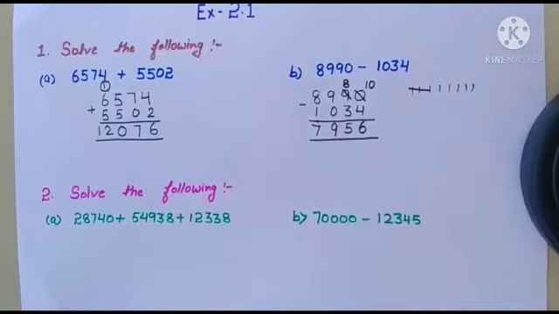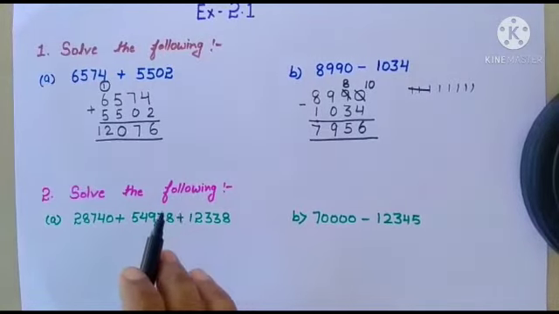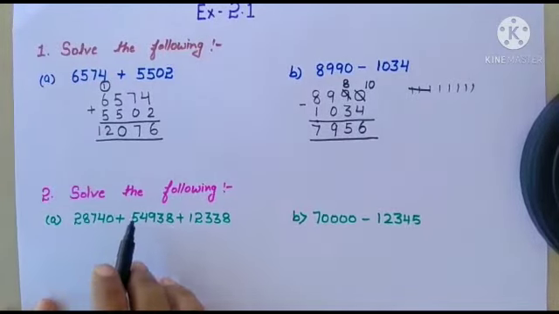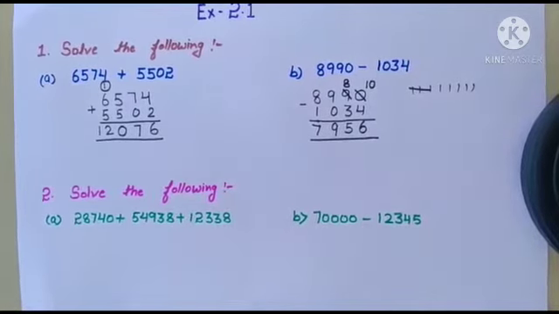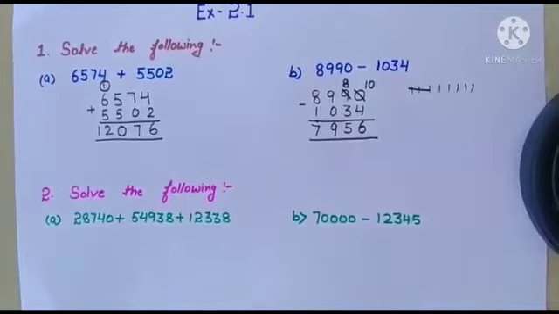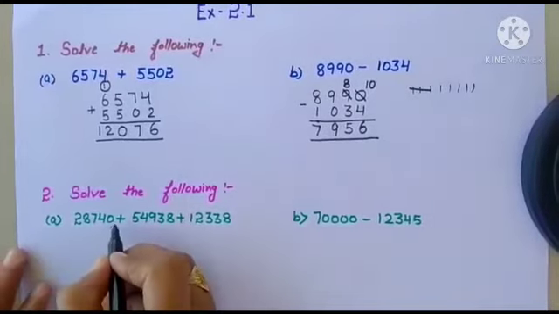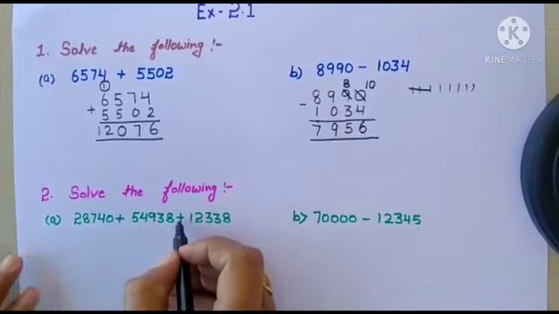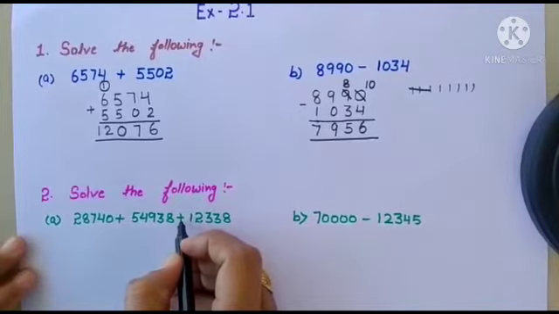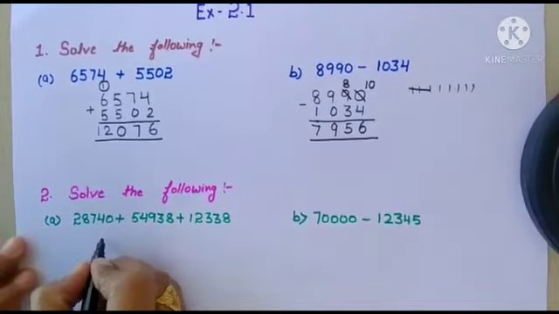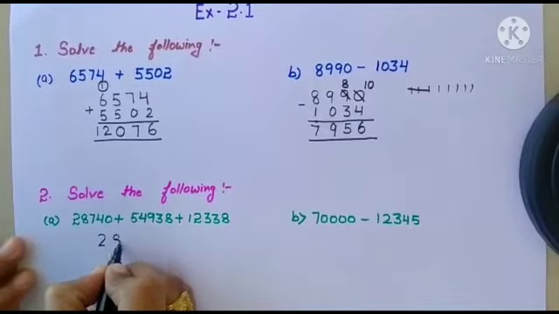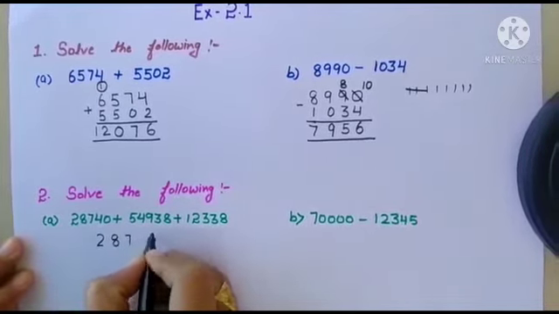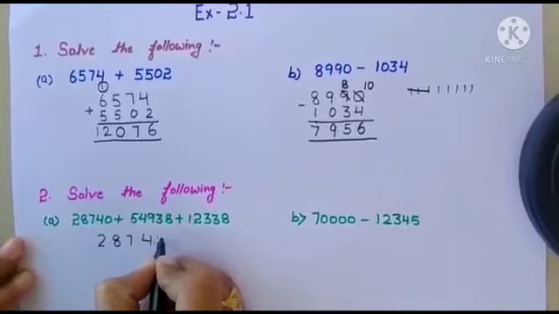Students, the next question is also solve the following. Here also you will see the sign and do the sum. Like the first one, here you see the sign. Here is the plus sign. So first of all you will write the numbers. How will you write them? See here: 2, 8, 7, 4, 0.